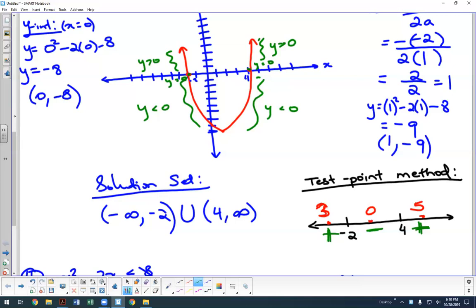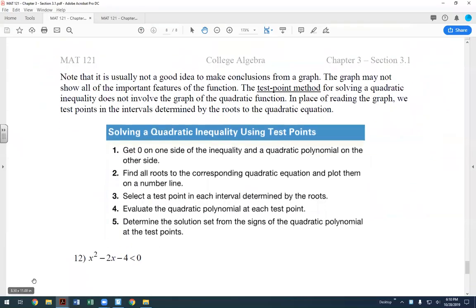If my inequality is greater than 0, I'm looking at the positive intervals. If my inequality is less than 0, I'm looking at the negative interval. And of course, if they do equal to, we put brackets on our endpoints. So that's kind of what the idea behind a test point method is.